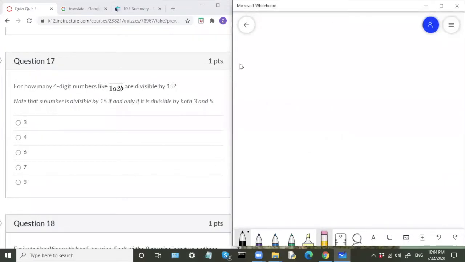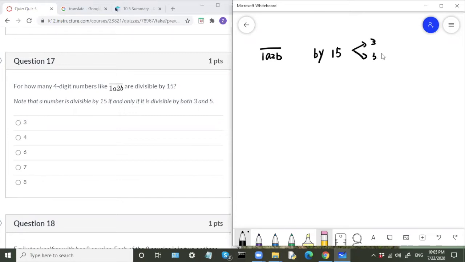Problem 17. For how many 4-digit numbers like 1A2B are divisible by 15? So we have this 4-digit number, 1A2B. It needs to be divisible by 15. We know a number is divisible by 15 if and only if it is divisible by both 3 and 5.